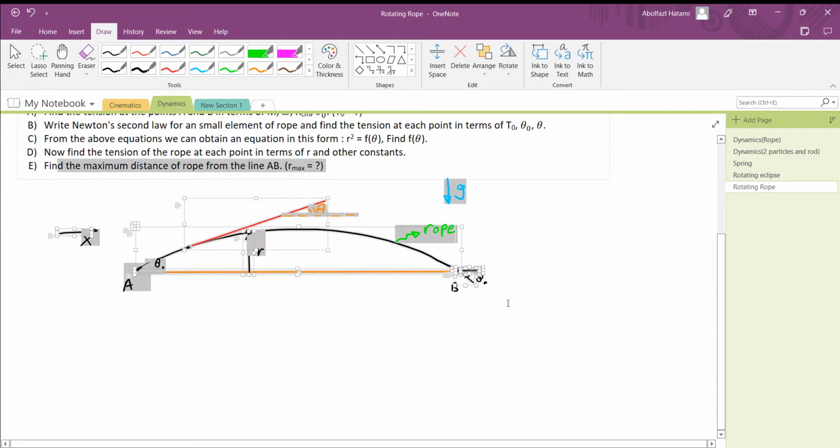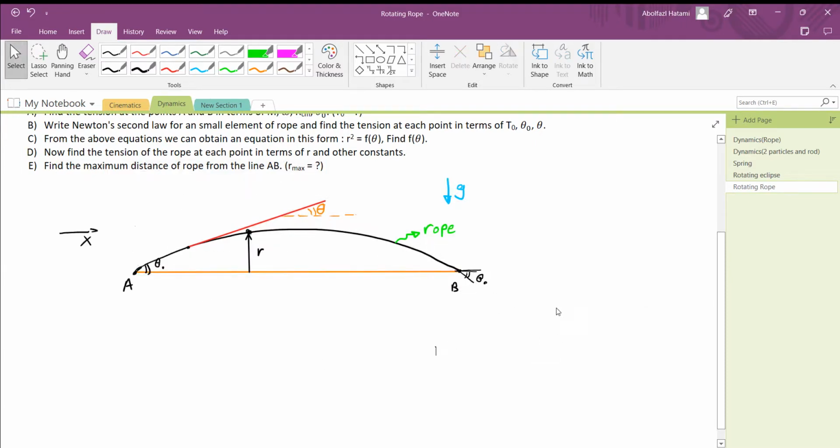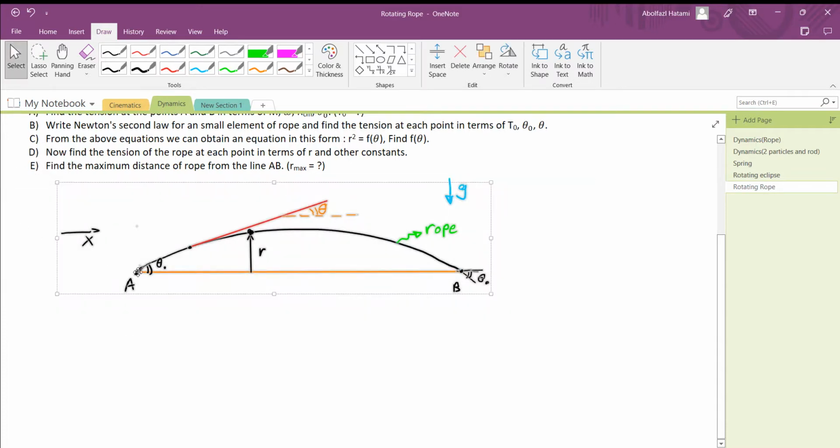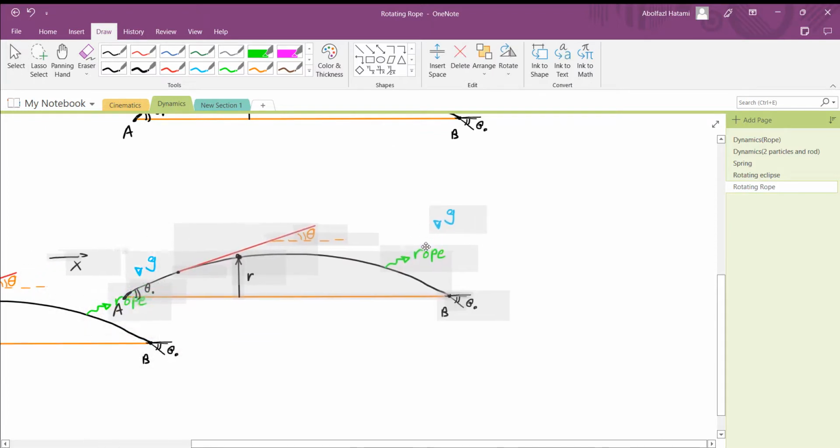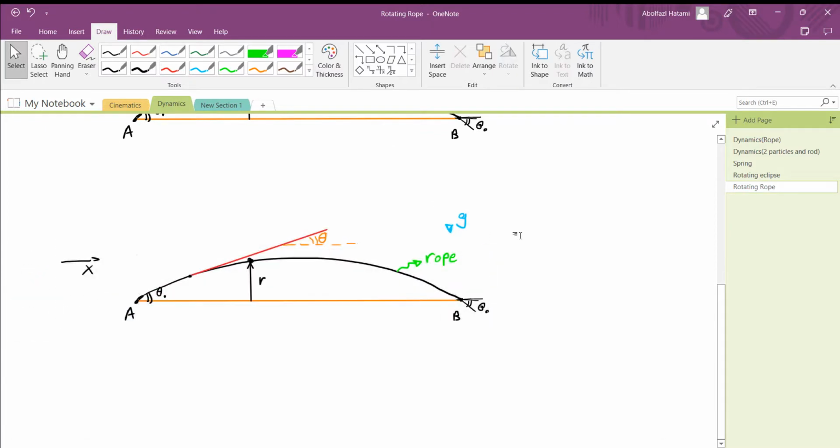Let me copy this picture and paste it here to draw something else on it. Let me clear this. Because of the symmetry of the question, our center of mass is in the middle of the rope.